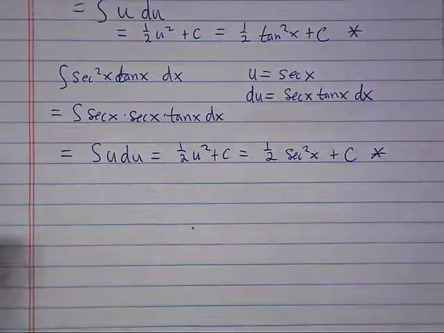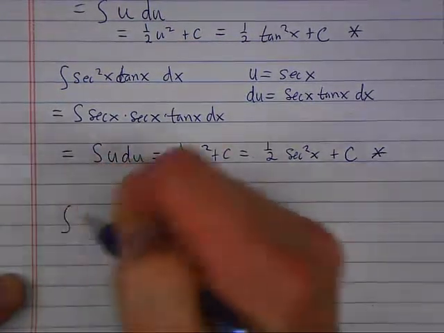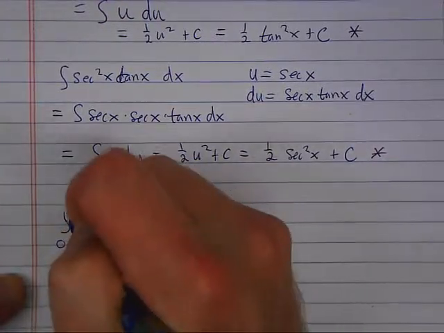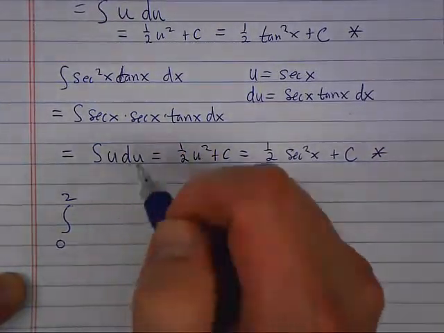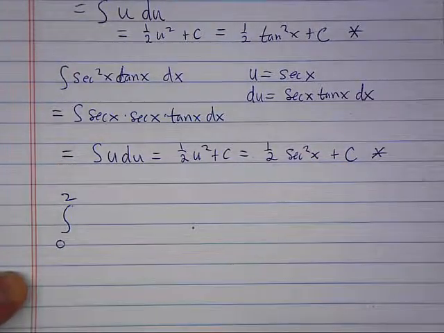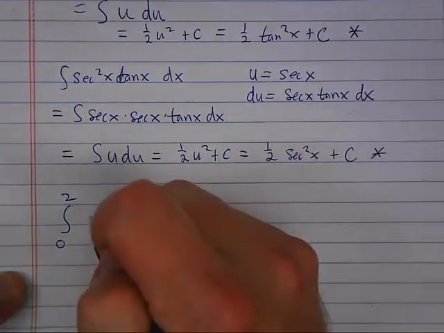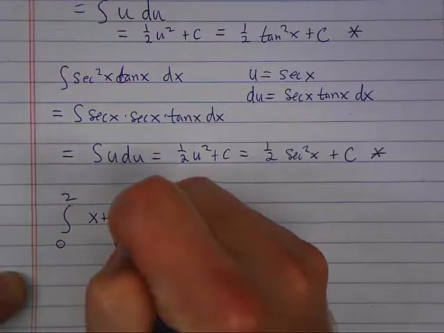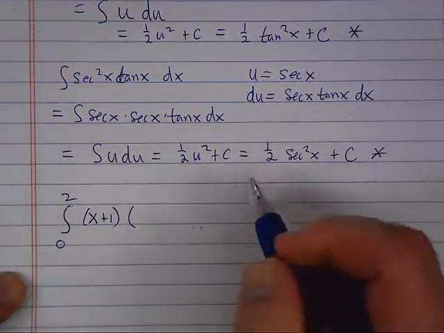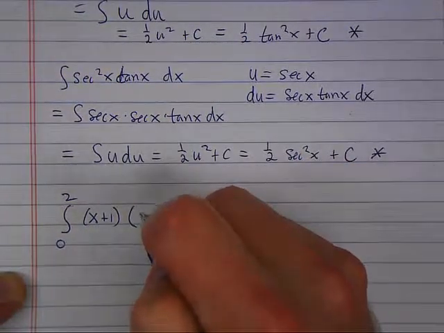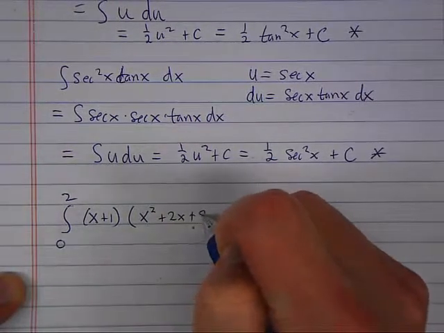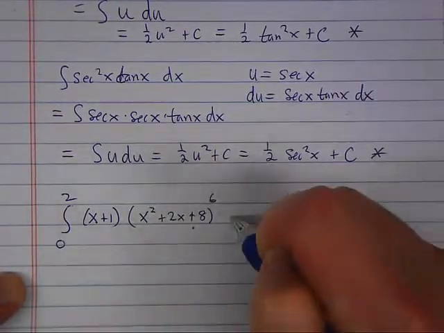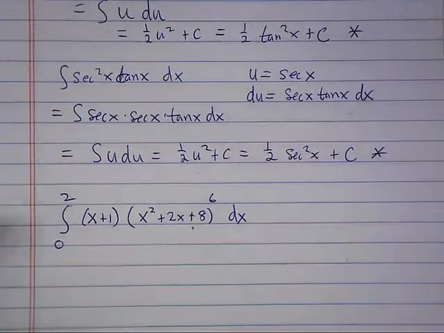So a definite integral would look something like the integral from 0 to 2 of, I don't know, what do you want? How about x plus 1 times x squared plus 2x plus 8 to the 6th dx.